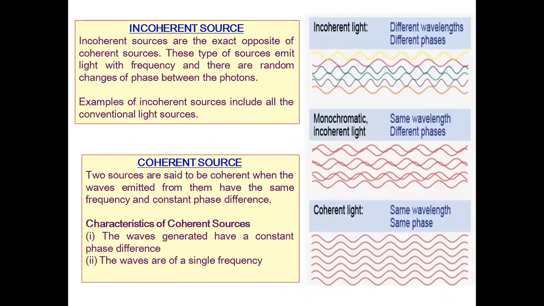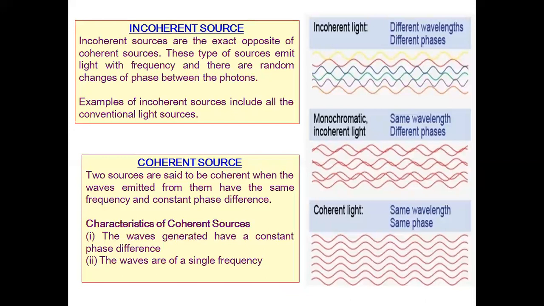Two sources are said to be coherent when the waves emitted from them have the same frequency and constant phase difference. Whereas the incoherent sources are the exact opposite of the coherent source. This type of source emits light with random changes of phase between the photons.